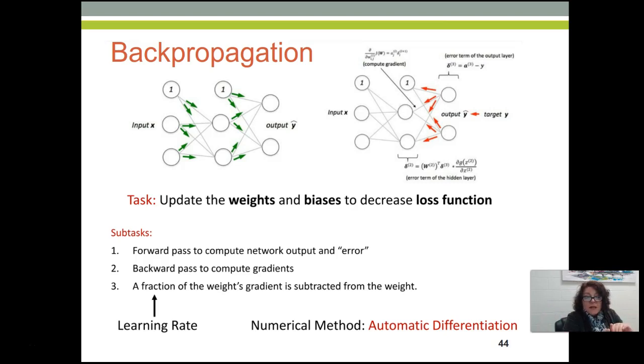And then we subtract the fraction of our weight's gradients from the weight itself, which we have done. And that's what we call the learning rate. Now, that learning rate is what can make or break a neural network. How to optimize the learning rate is what we will learn now as we talk about gradient descent.